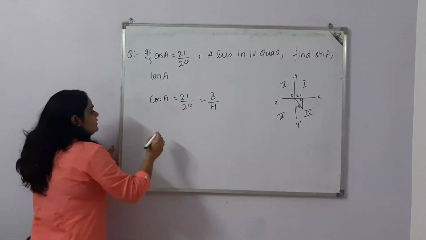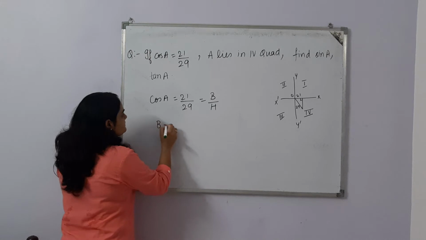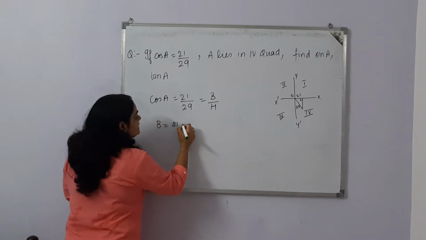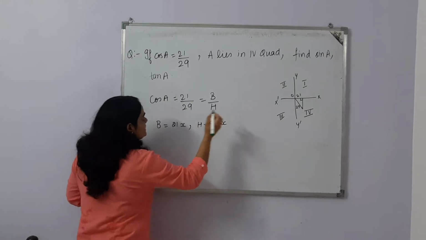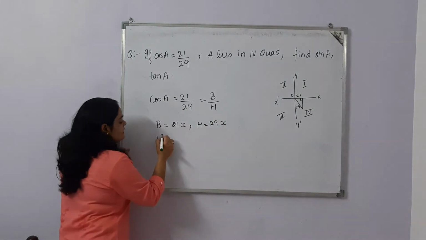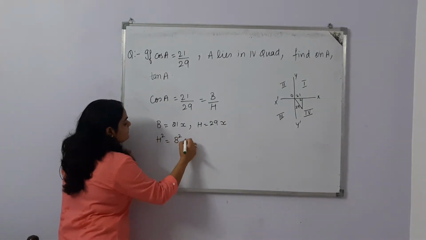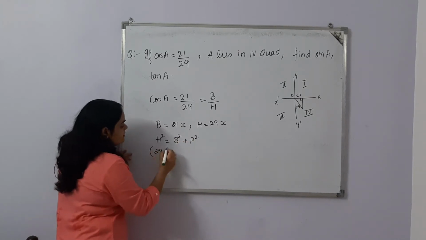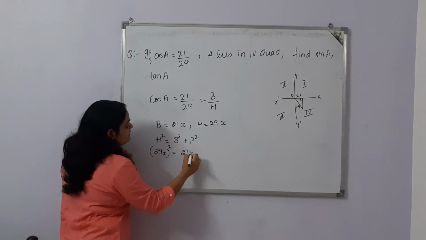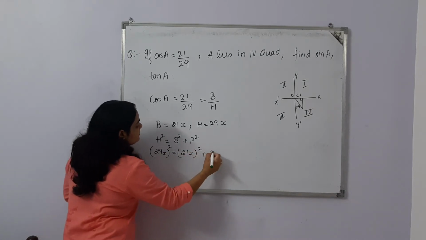So first of all, what is base? Base is 21x and hypotenuse is 29x. We'll substitute the values in Pythagoras theorem. So 29x whole square plus base, that is 21x whole square, plus perpendicular square.